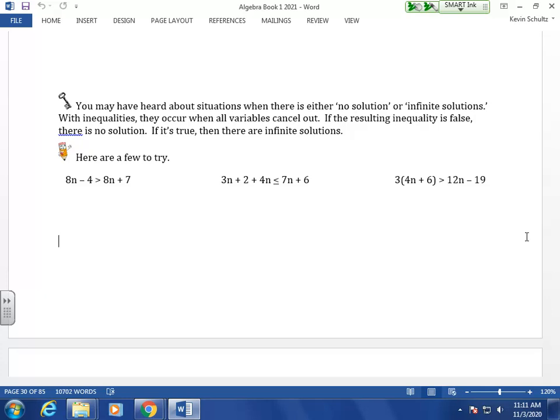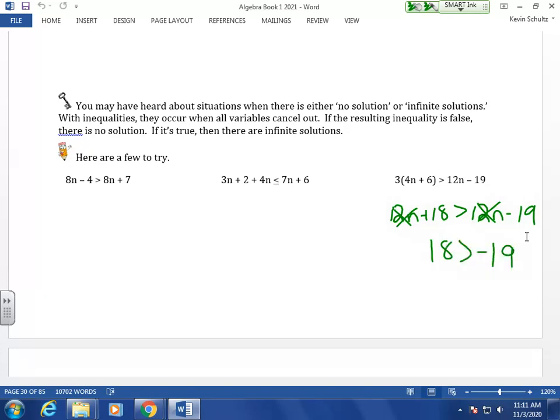Yep, so our first step here is to distribute that 3 so we can get a better picture of exactly what we're dealing with. We've got 12 n's on both sides of the inequality symbol, so 12n on the left will cancel out with 12 n's on the right. That leaves us with the statement 18 is greater than negative 19.